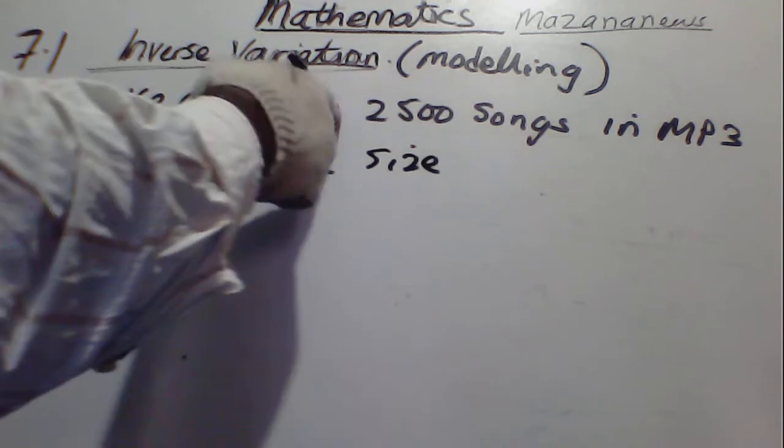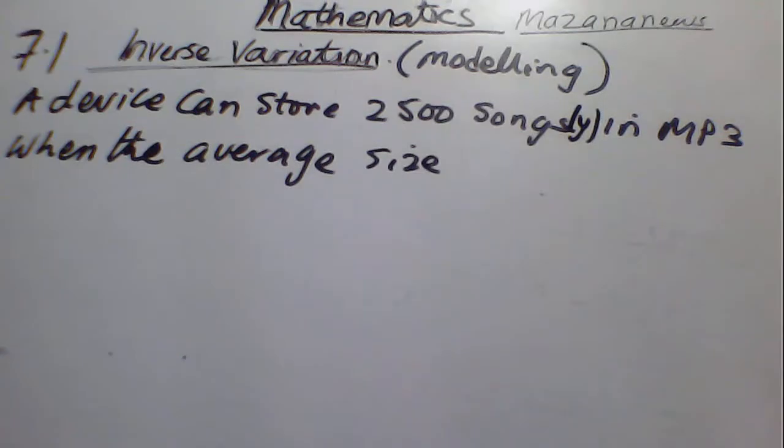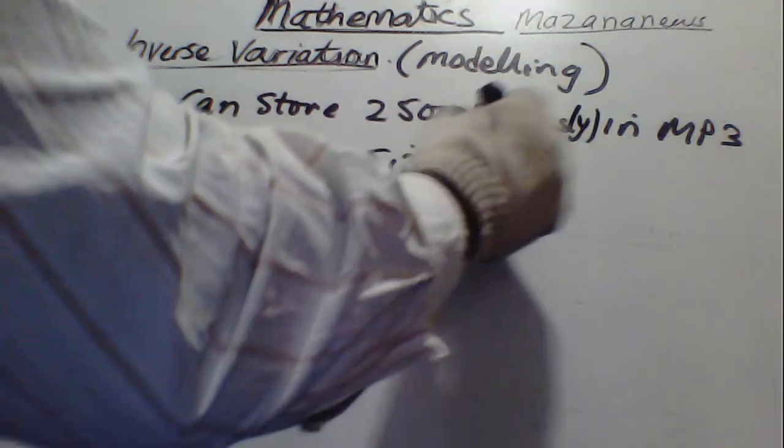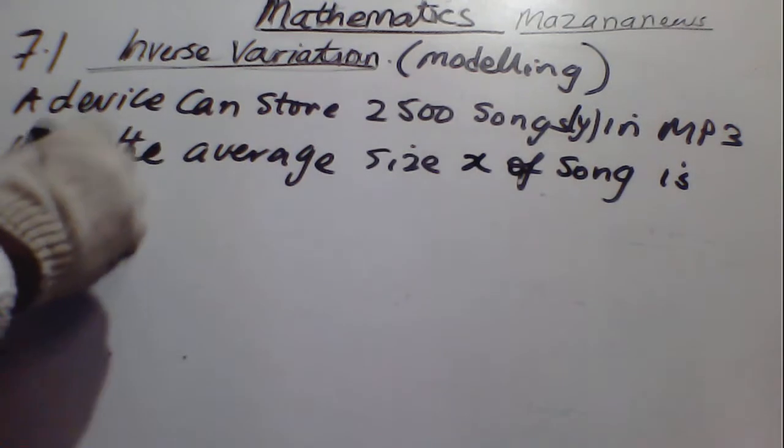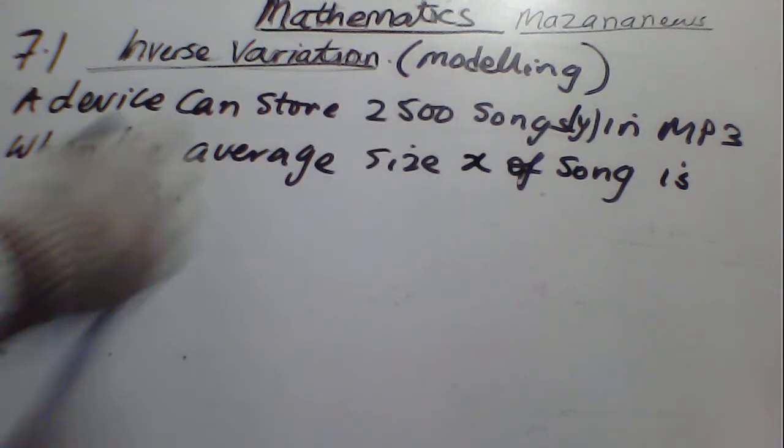A device can store 2,500 songs. In this case, this is the value of y. In MP3, when the average size x of song is 4 megabytes.